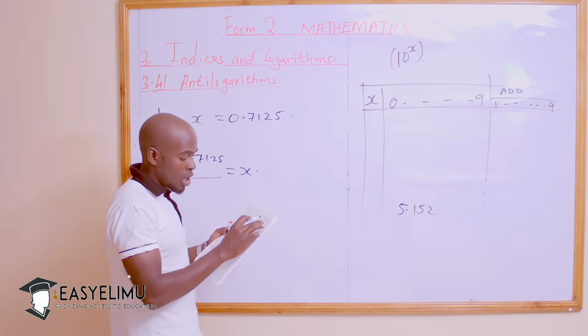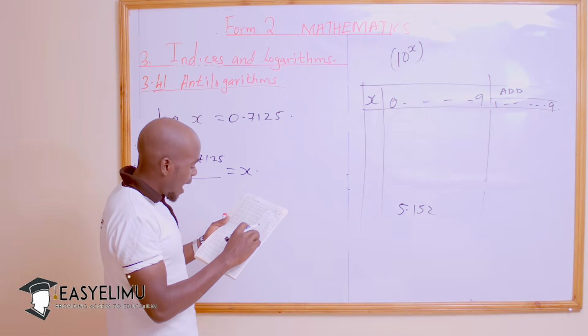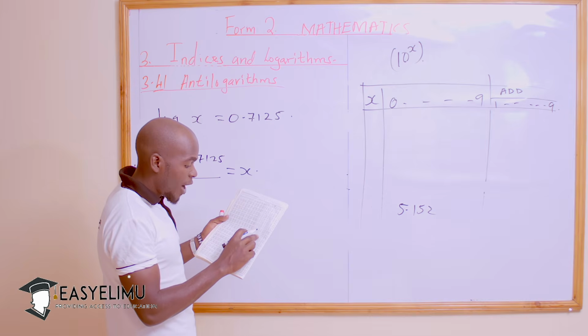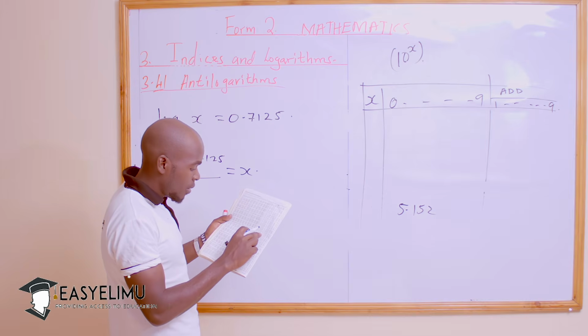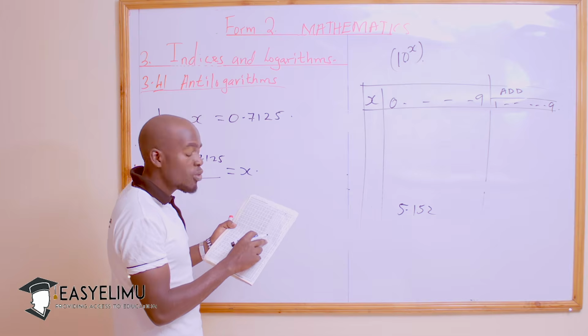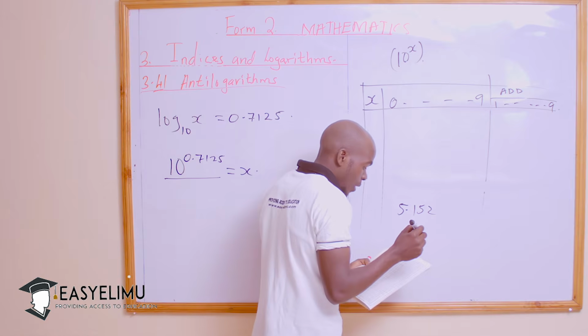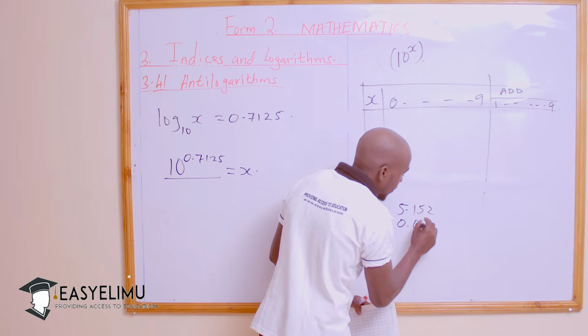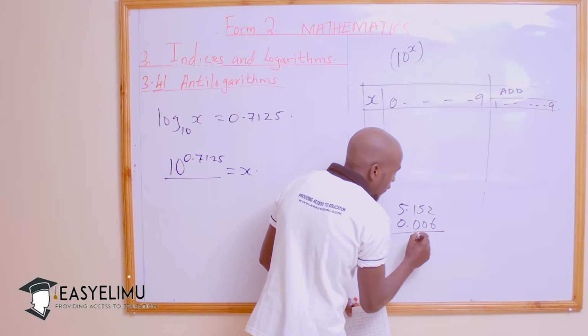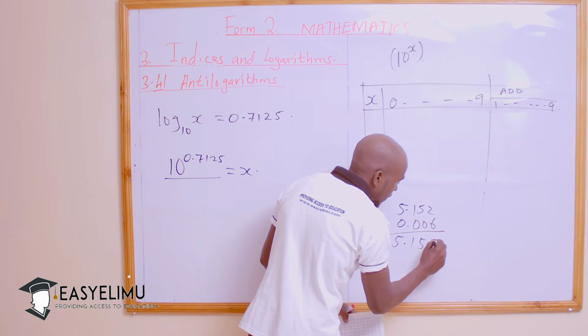Locate 5, using the fifth column, run down until you coincide with the row of 0.71, and you will find the value there is 6. That 6 is in the third decimal place, so you add it, and you will have 5.158.